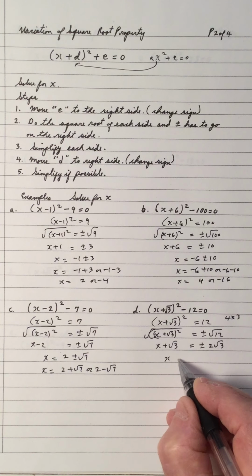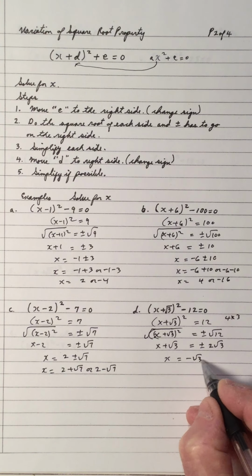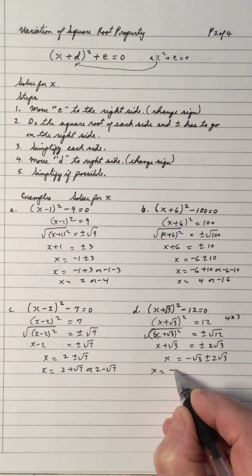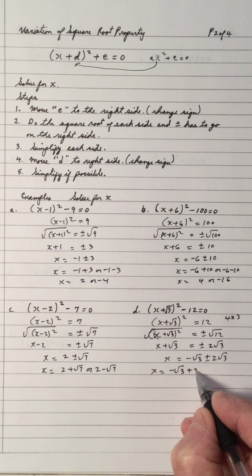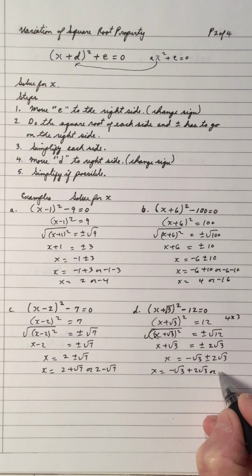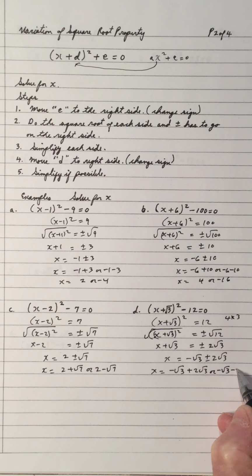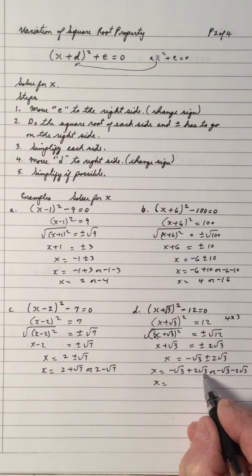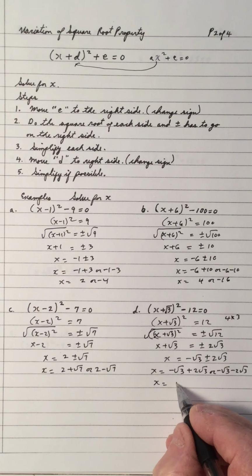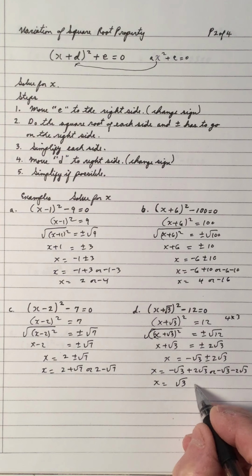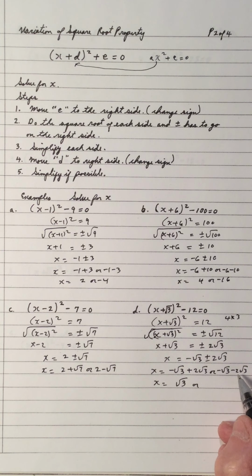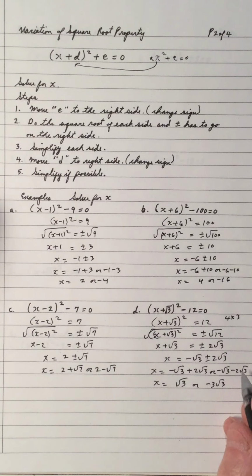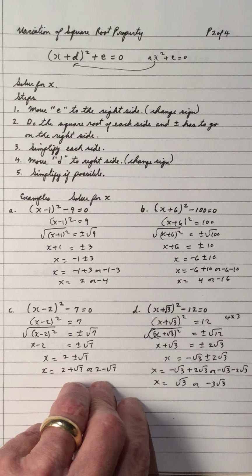So x equals negative root 3 plus or minus 2 root 3. So x is equal to negative root 3 plus 2 root 3 or negative root 3 minus 2 root 3. Both of these are the same roots. So negative 1 plus 2 is 1 root 3, or negative 1 minus 2 is negative 3 root 3. Again, a quadratic has two solutions.